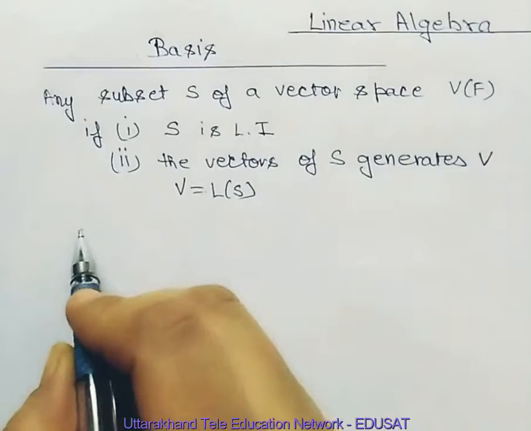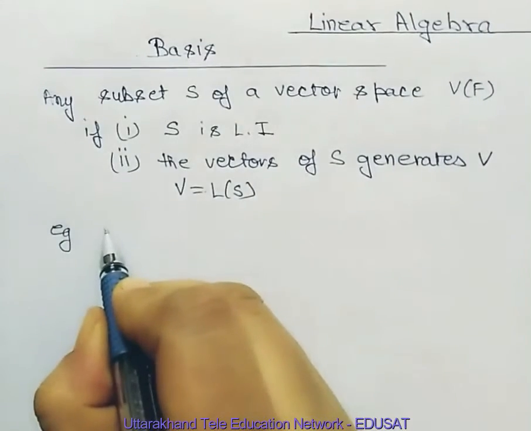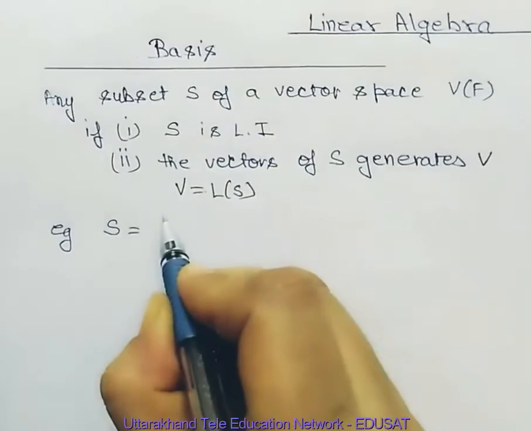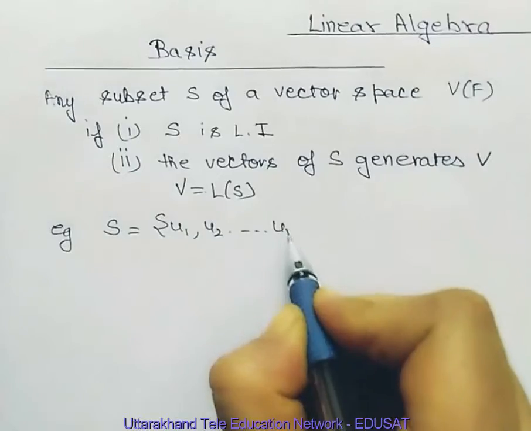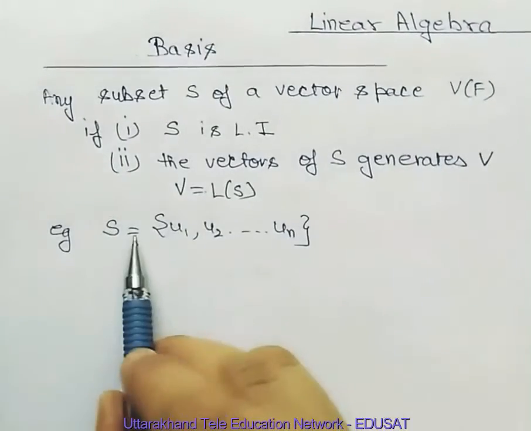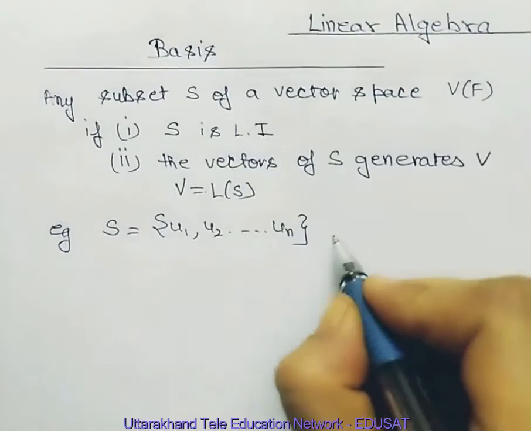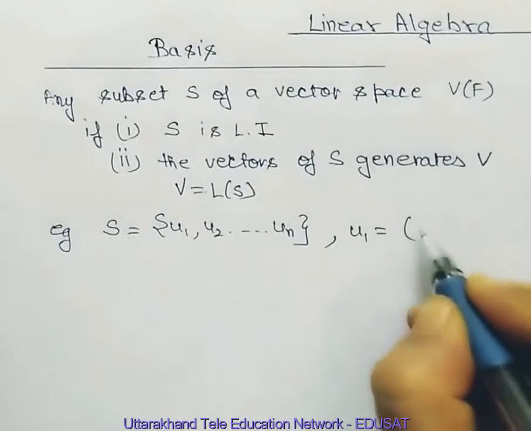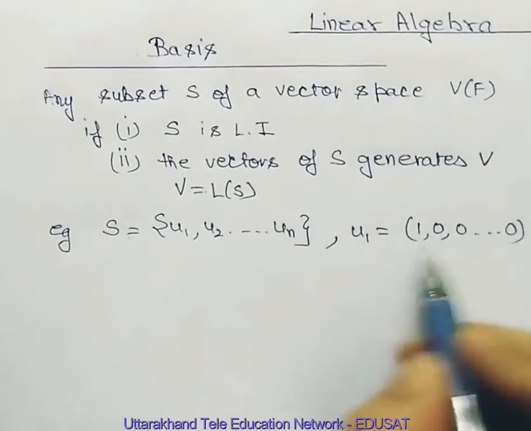Okay, I am going to give you an example. Let us suppose we have a set S is {U1, U2, and so on, UN}. Now we have to find out whether this set is a basis set. It is given that U1 equals (1, 0, 0, and so on). It will have n elements.